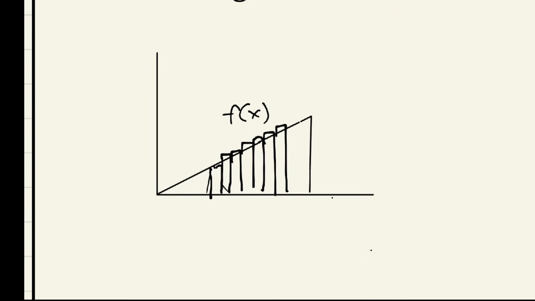Oh my god, this is so annoying that my screen keeps on deleting what I write. You're basically taking the sum of the areas of all of these little rectangles who have, let's say, some length delta t.